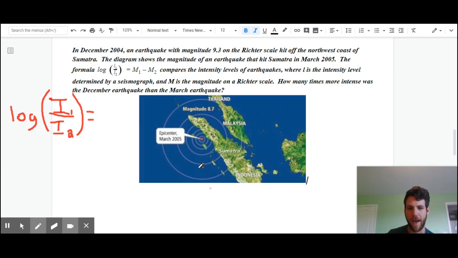And so our magnitudes for the two earthquakes: the first one was a 9.3, and our second was an 8.7. So we have 9.3 minus 8.7.